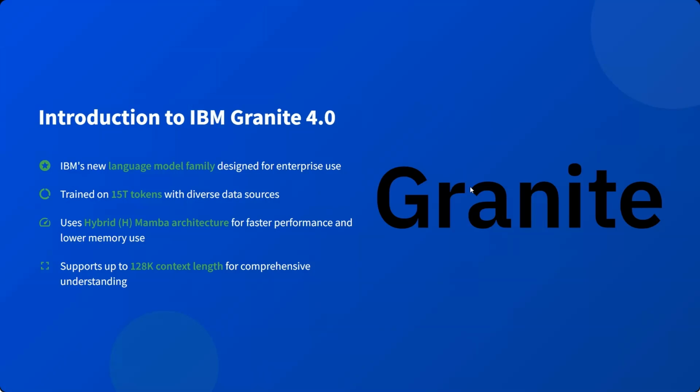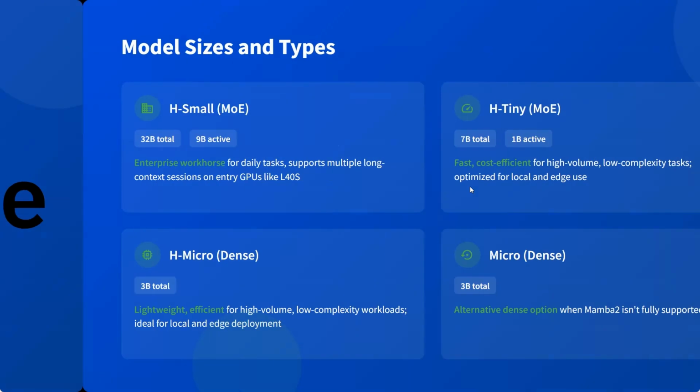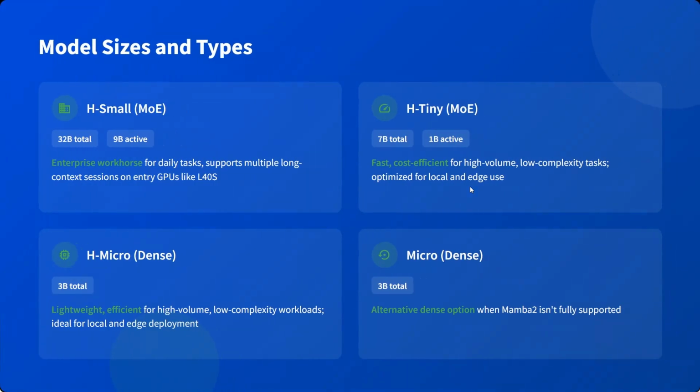It's trained on a massive 15 trillion tokens across diverse data sources, and it runs on a hybrid Mamba architecture for faster performance and lower memory usage. It also supports a huge 128K context window, allowing for long and detailed understanding. So it's great for your day-to-day usage.